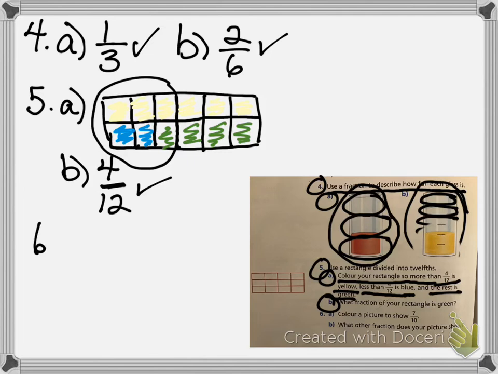On we go. Number 6. Number 6, A. Let's get organized. A. Color a picture to show 7/10. So boys and girls, I'd like you to draw. I'm just going to give you the shape, but then I want you to divide it into 10 sections, okay? So I'm going to give you this.